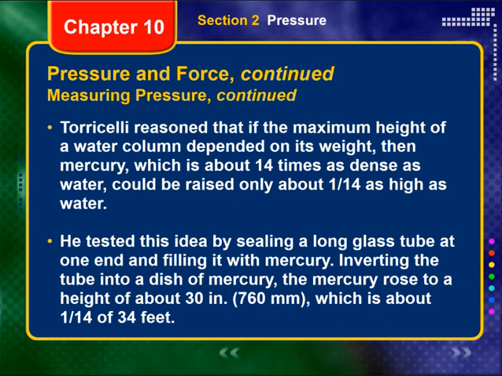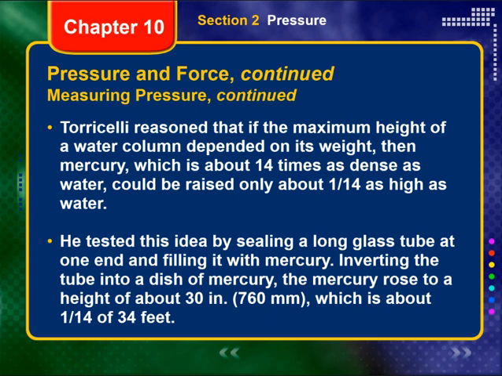Torricelli reasoned that if the maximum height of a water column depended on its weight, then mercury, which is about 14 times as dense as water, could only be raised about 1/14 as high as water. If it took 14 times more energy to raise that mercury because it's more dense, then it's only going to be elevated 1/14 as high.